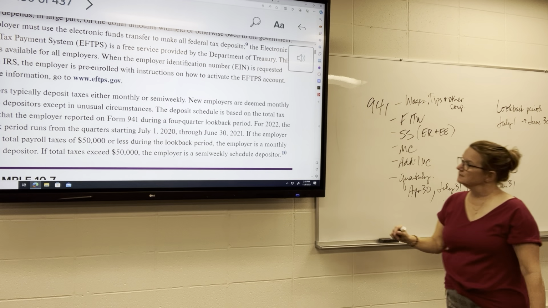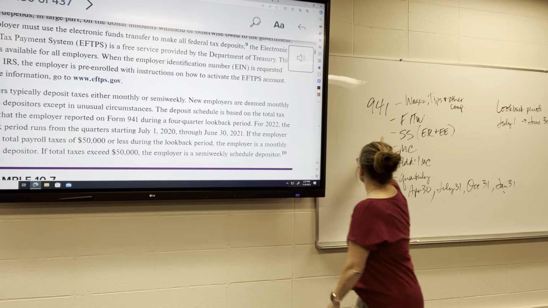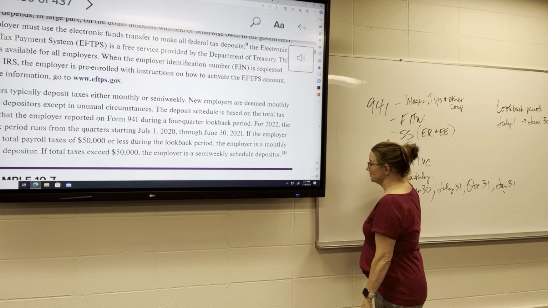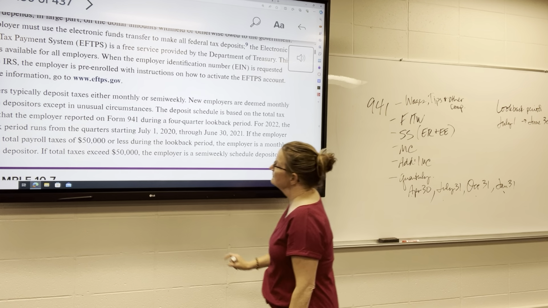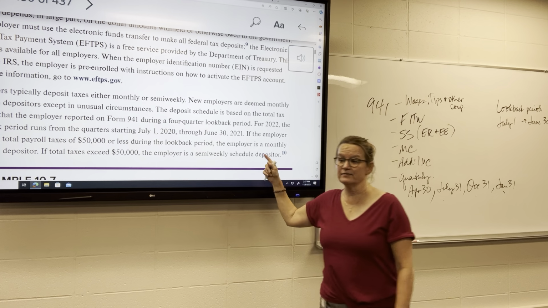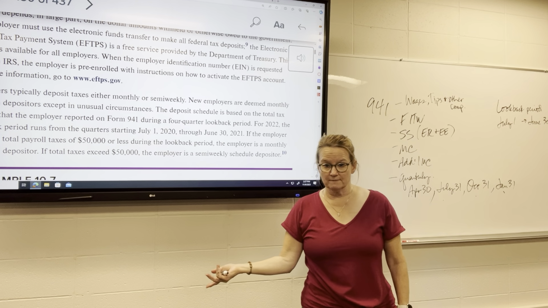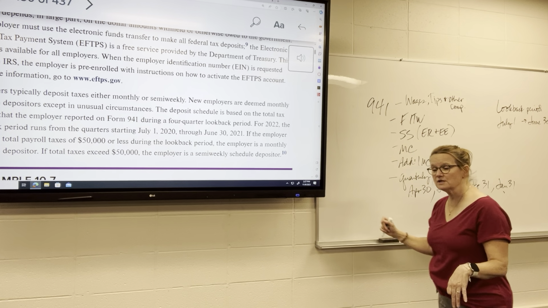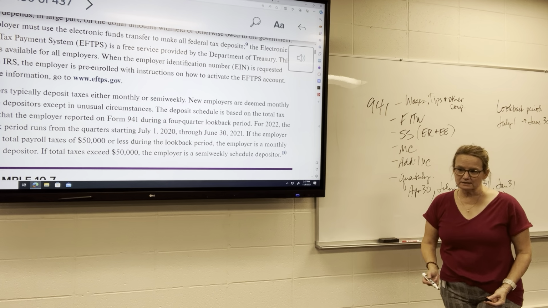and if the total amount of taxes, which would include both the employee and employer portion of both of these taxes, was $50,000 or less, then the employer is a monthly scheduled depositor. If it was $50,000 or more, however, they are what's called a semi-weekly depositor.